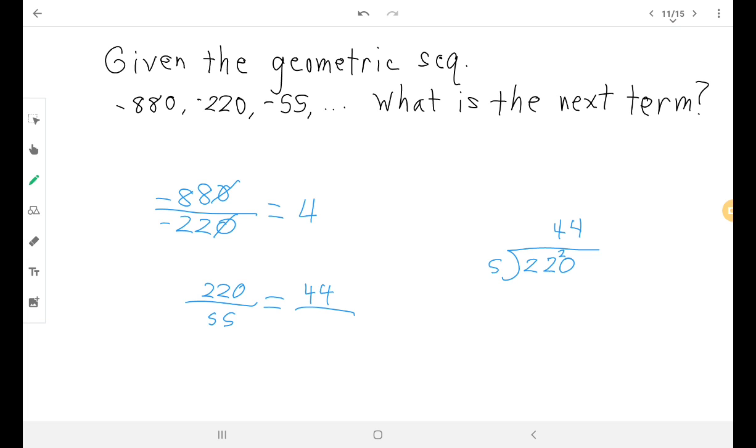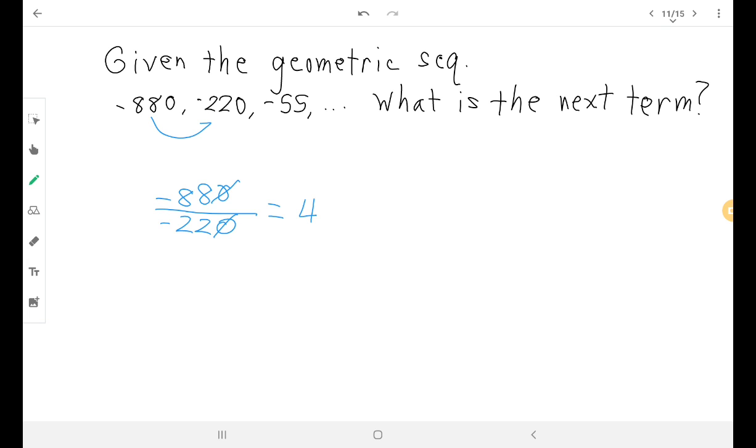Over 55 divided by 5 is 11, which is also, of course, 4. I didn't really need to do that second one. I just thought it might be good to double check, show you that it works each time. So when I divide each thing, I get 4.